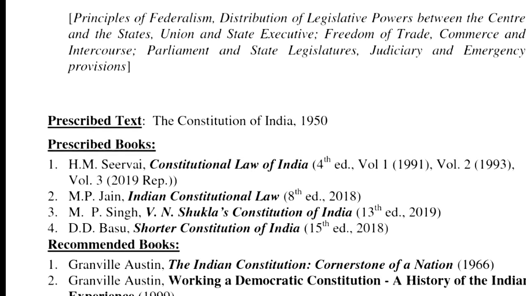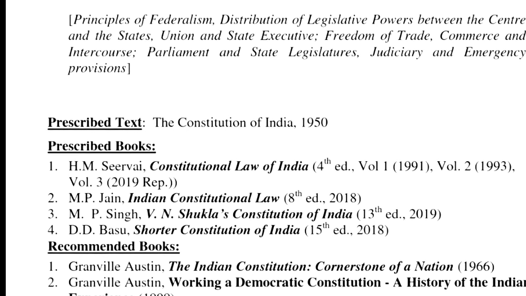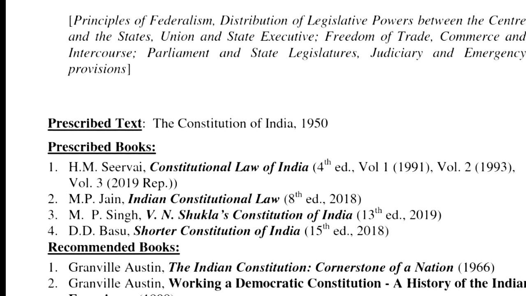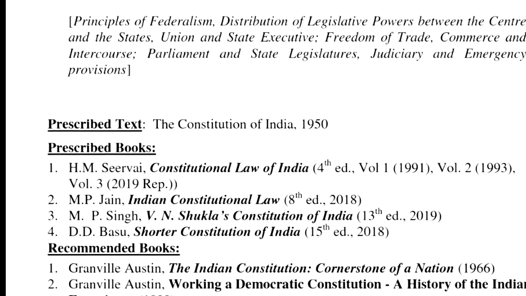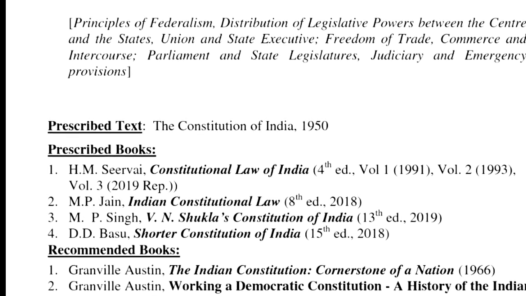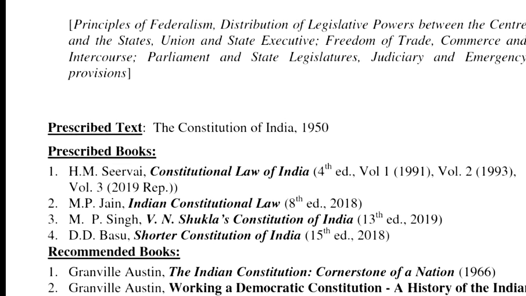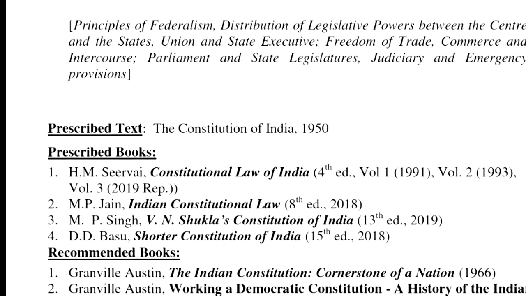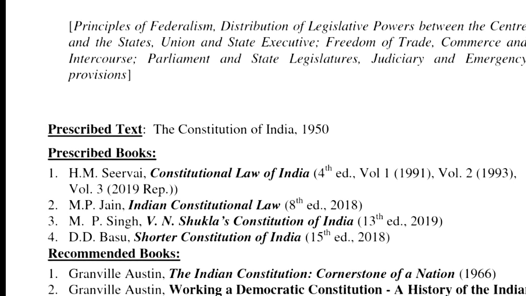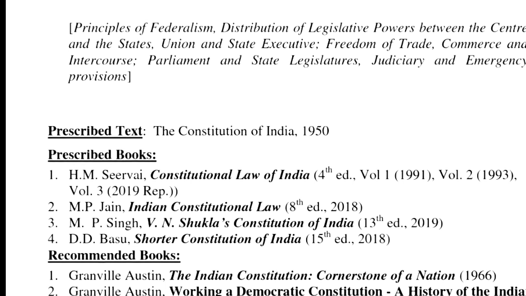And why was it so? Because along with the introduction of federalism in the 1935 Act, we also found that the Governor General was given the power to issue ordinances and to declare emergency, which would allow the Governor General, according to the 1935 Act, to completely do away with the federal model and centralize the entire administration.